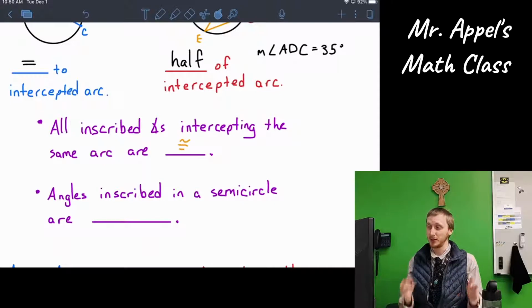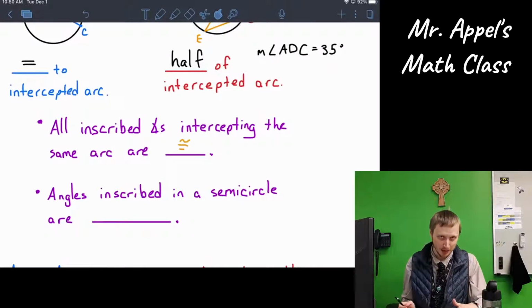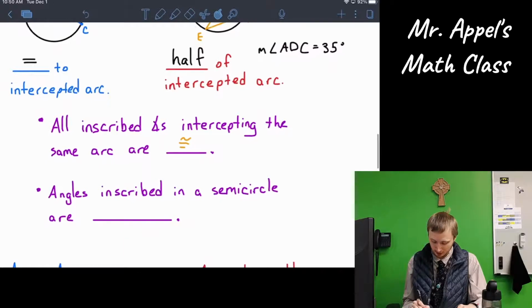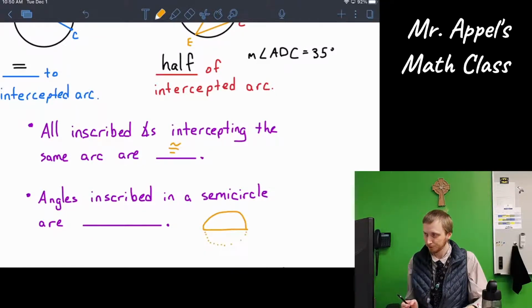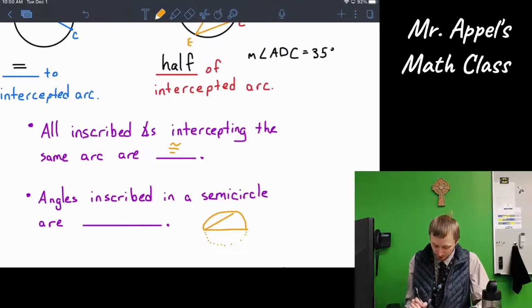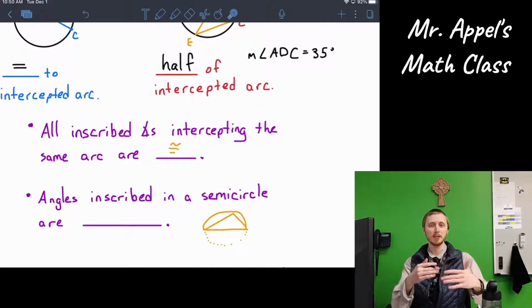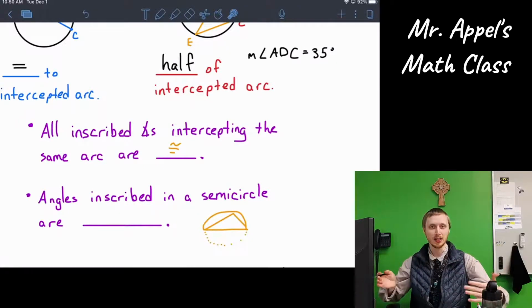Okay? And when you inscribe an angle into a semicircle, think about that for a moment. Whoops, I need to draw here. Look at me, it's going to be kind of a parabola thing. So into the semicircle. What you're not seeing then is the other half of the circle. And so an angle inscribed there is actually intercepting that other half of the circle, which means it's intercepting an arc of 180 degrees.